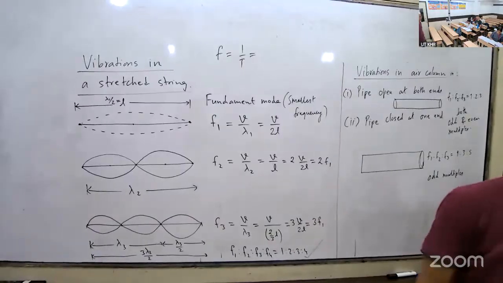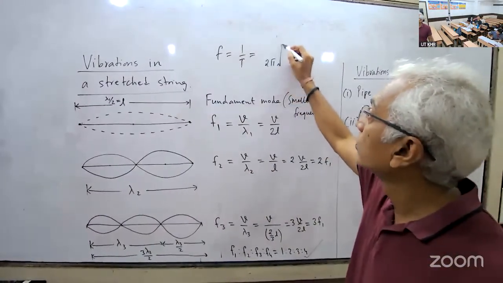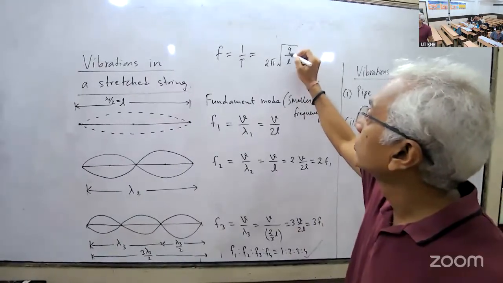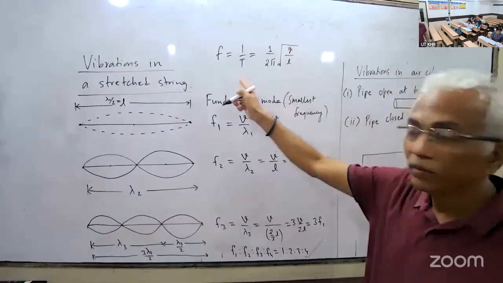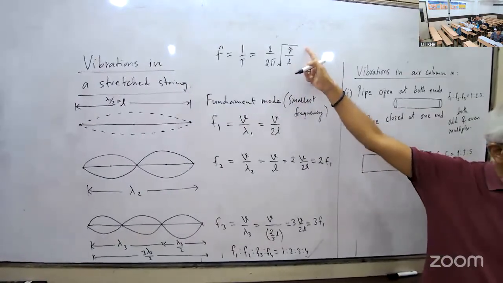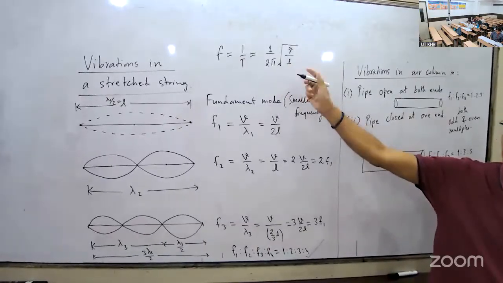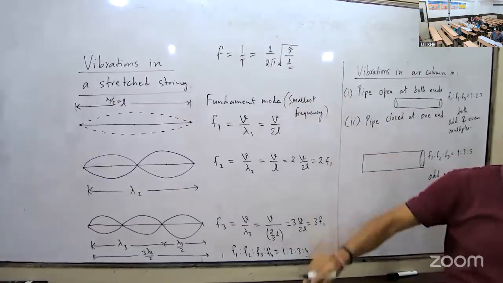What is time period of the pendulum? Time period of the pendulum you did in 9th standard, 2 pi root L by G. So frequency kya ho jayega uska? Reciprocal. So that frequency depends on length of the pendulum.